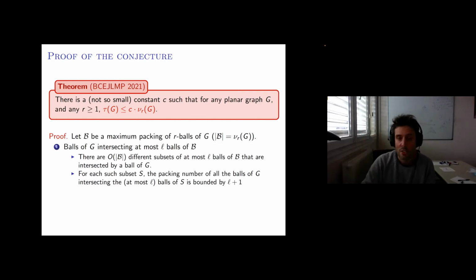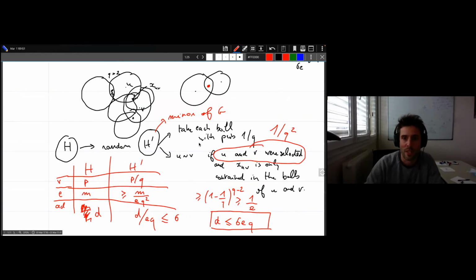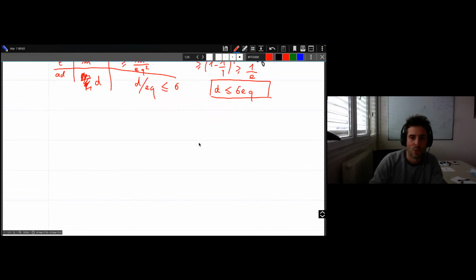And for each such trace, so for each subset of L balls of the packing, if you take a packing of the balls that intersect precisely the subset, this is bounded. And the reason is that, let me jump again here.